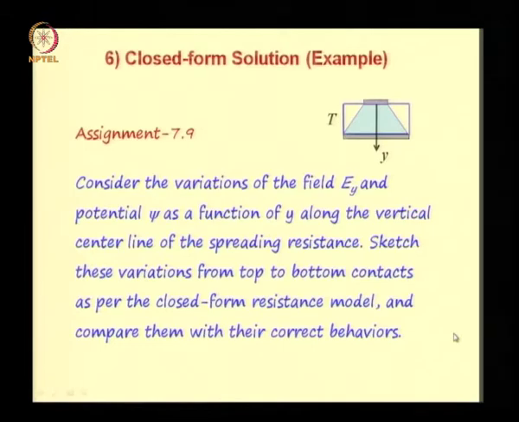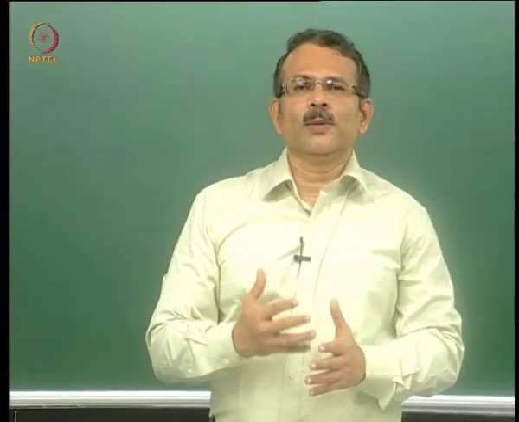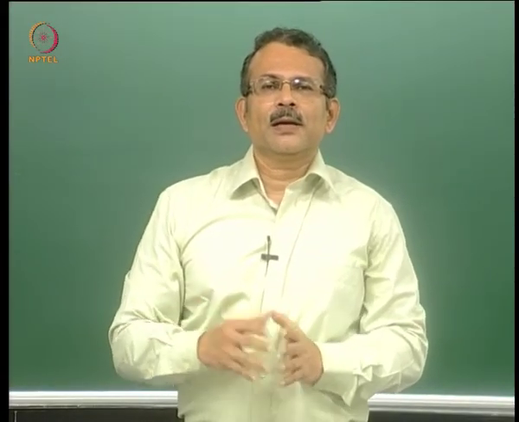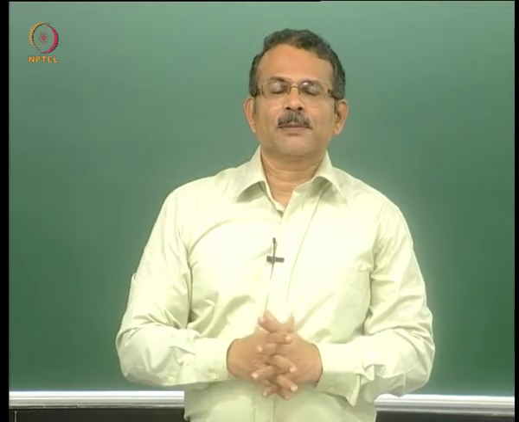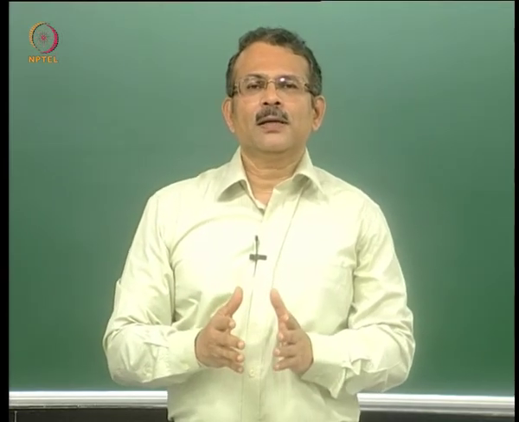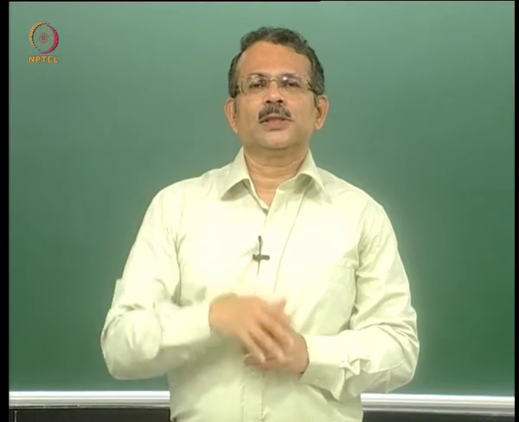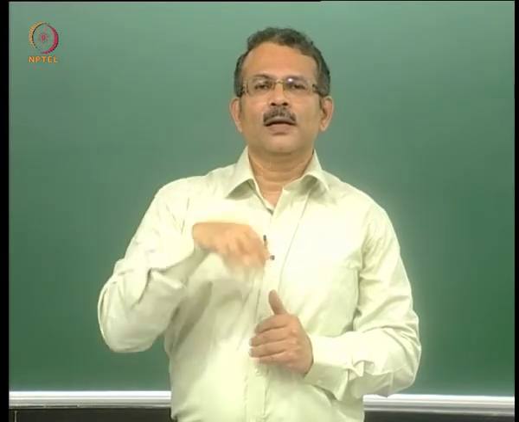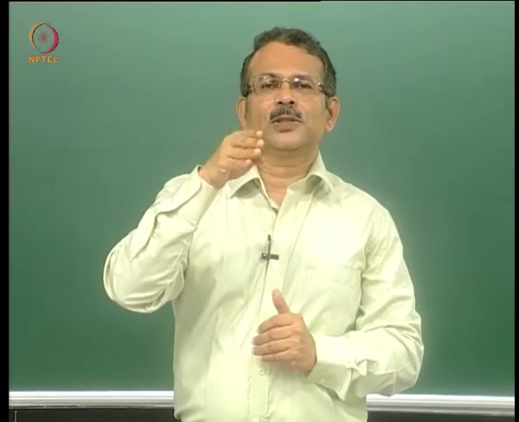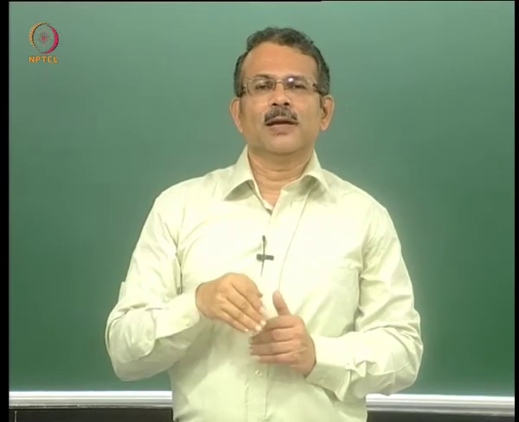When we say the correct behaviors, we are not expecting you to do a numerical solution or anything like that. We are remarking here the correct qualitative behaviors, which you can derive based on the current density distributions at the top and bottom contact, or the normal component of the electric field distributions at the top and bottom contacts we have discussed earlier.